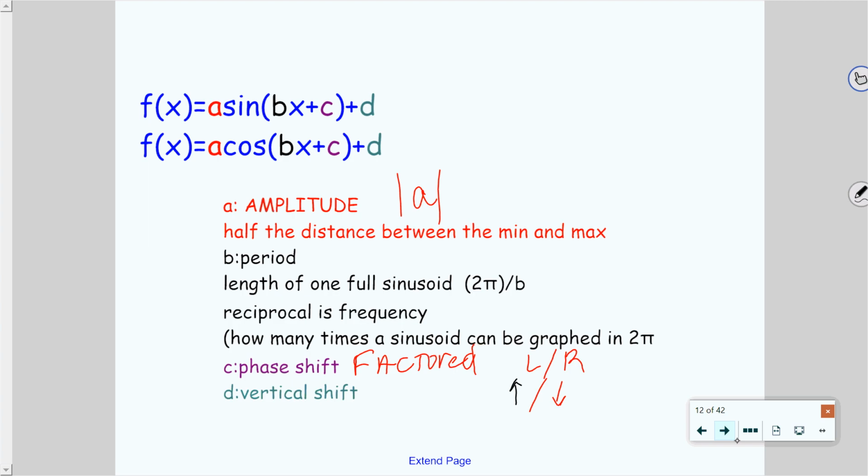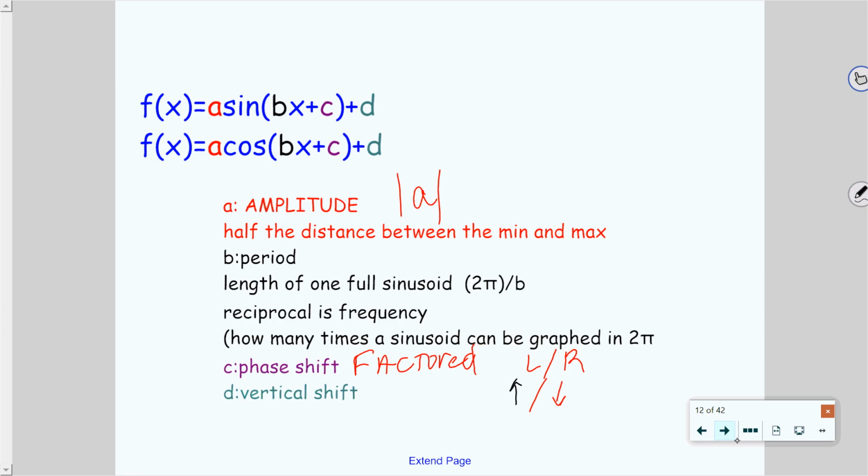You're always going to be able to find that by the absolute value of A. So that's our amplitude, absolute value of A. Our B, which is our horizontal dilation and our y-axis reflection, we're really not going to have y-axis reflections in these because they do something weird to the points, okay?